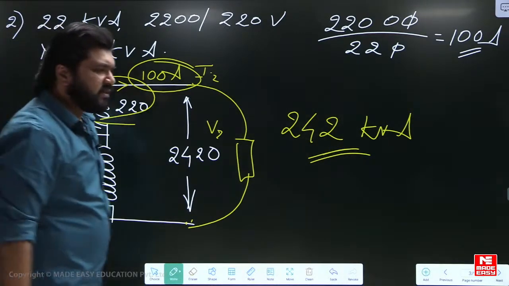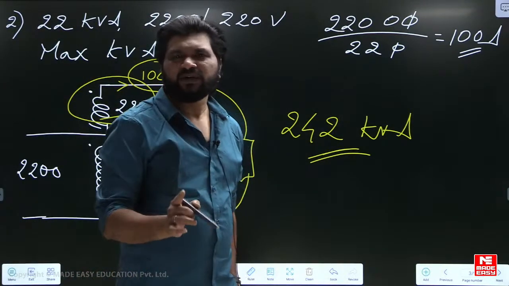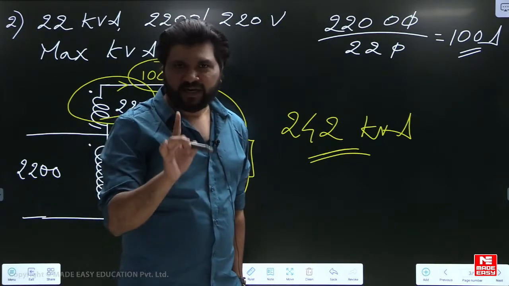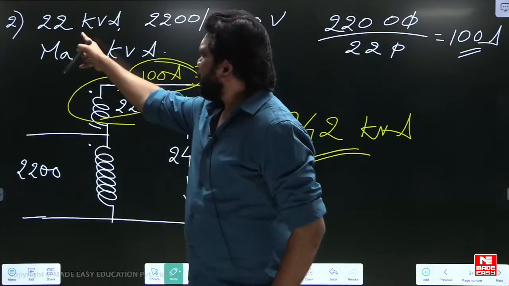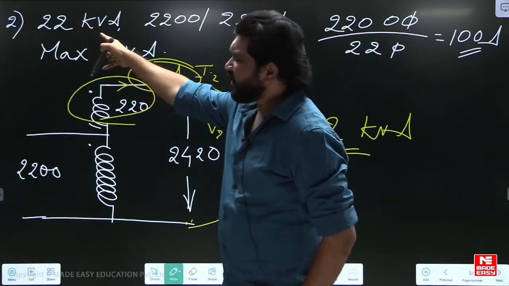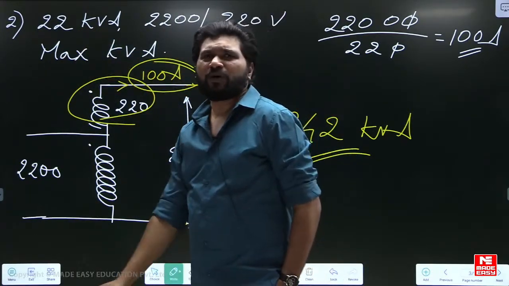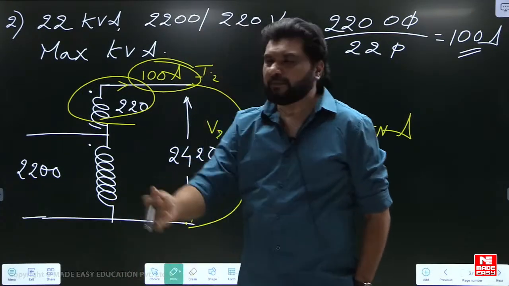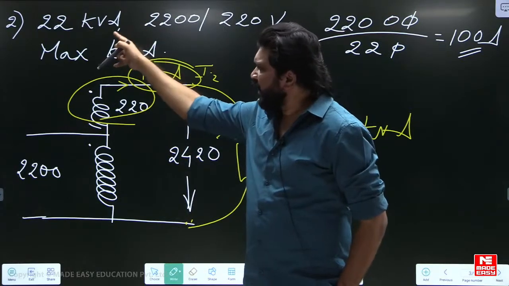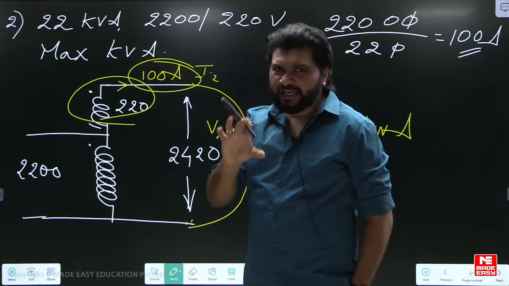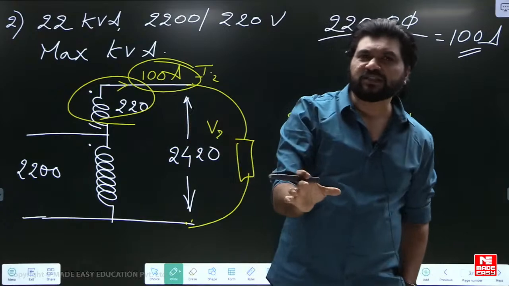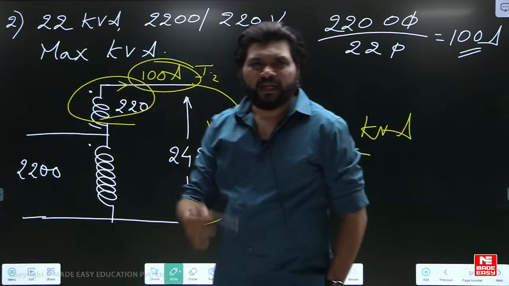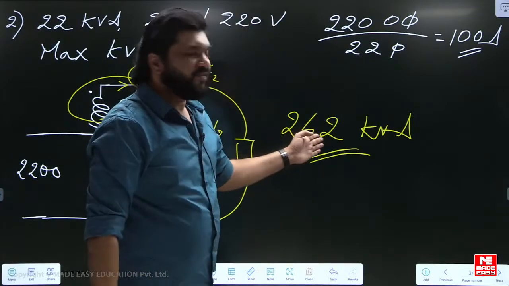If you're asked a question in this, like what is inductively transferred power? Directly you can answer 22 kVA is inductively transferred power. Why? Because through mutual induction, inductively transferred power is that when it was a 2-winding transformer, the total kVA transferred through mutual induction is 22 kVA. Then what is this 242 kVA means?